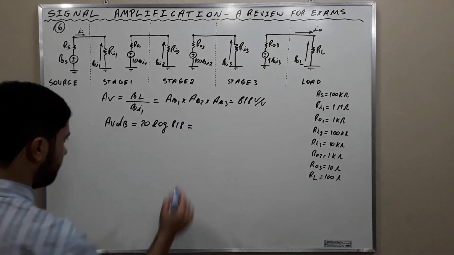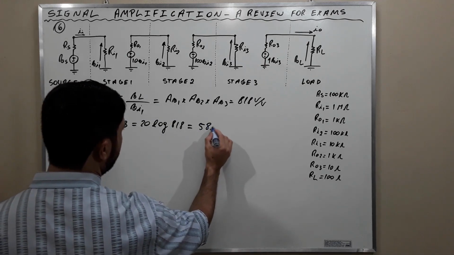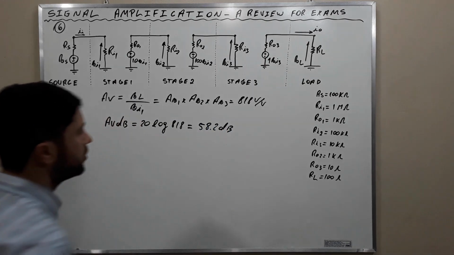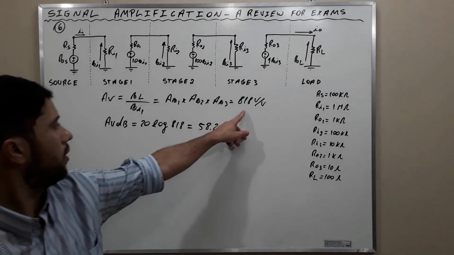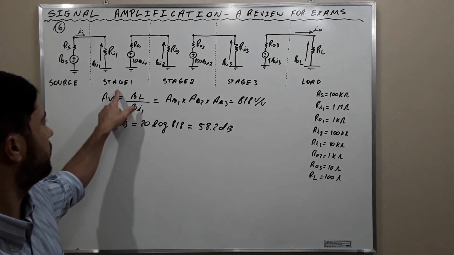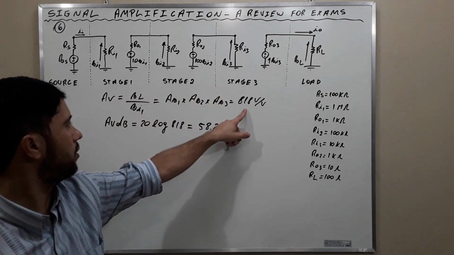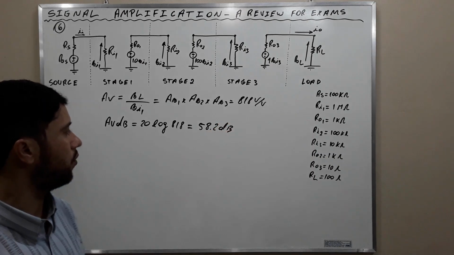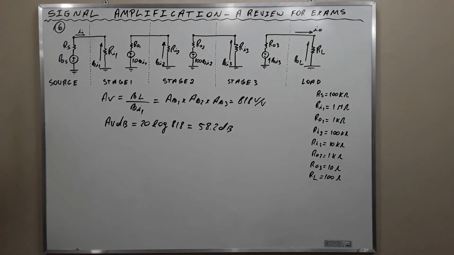And we find 58.2 decibels. This is the internal voltage gain of the stages, written in volts per volt and here written in decibels.